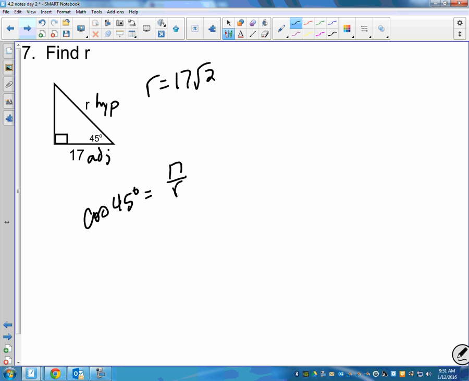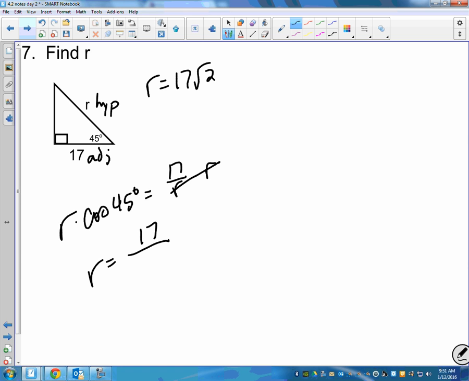That's a little bit more work to solve for on that one, right? I need to get r out of there, right? Can I multiply by r? r over, and then divide by cosine.